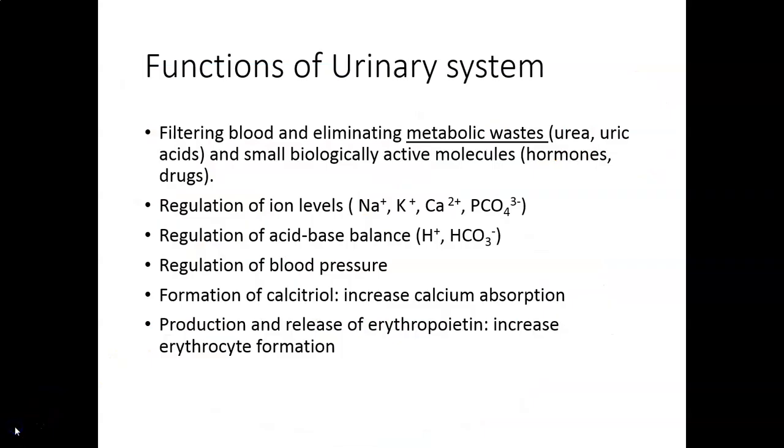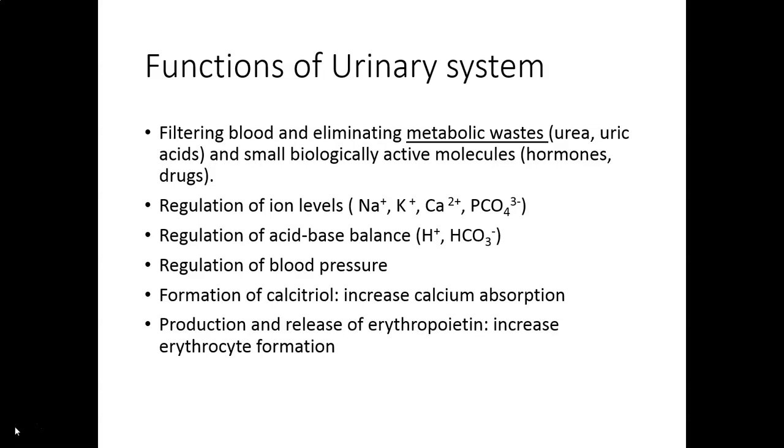We all know the main function of the urinary system is to generate urine. But what is urine, right? Why do we need to form urine? Well, that's basically our way to eliminate metabolic waste from our blood.